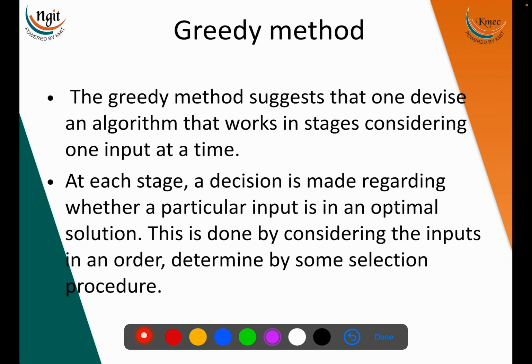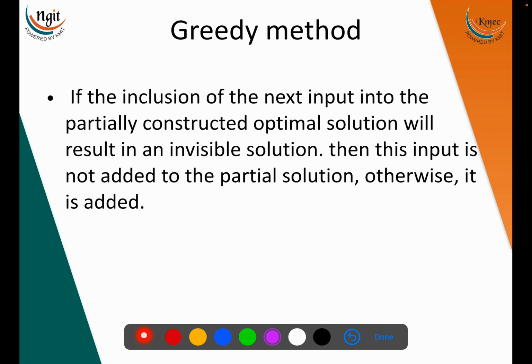So what we did is, at each stage a decision is made regarding whether a particular input is part of an optimal solution or not. This is done by considering the inputs in an order, determined by some selection procedure. If the inclusion of the next input into the partially constructed optimal solution will result in an infeasible solution, then this input is not added to the partial solution.